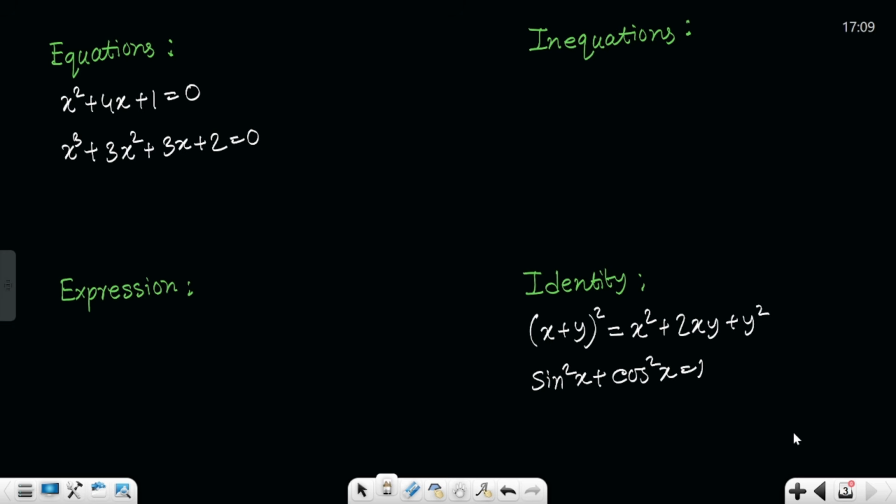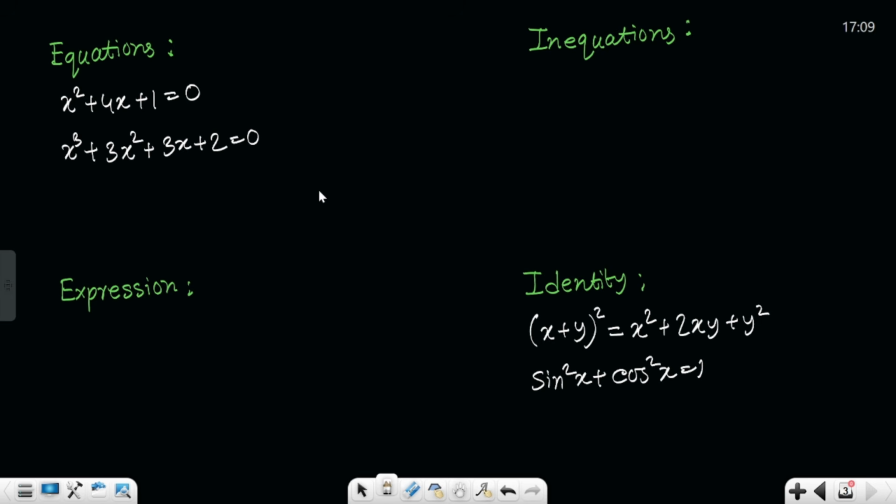Okay. Now let us talk about these two. First we will talk about inequations. If we remove the equal sign from equations and put greater than, greater than or equal to, less than, less than or equal to, or not equal to sign, then that will be an inequation. Simple.